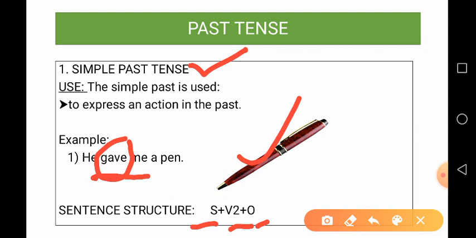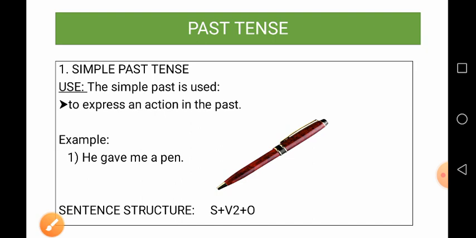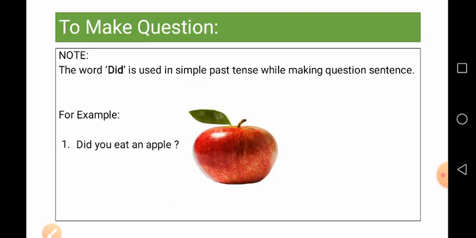Here that action of giving pen is in the past. So, action occurred in the past. Therefore, simple past tense is used. Have you understood it, students?